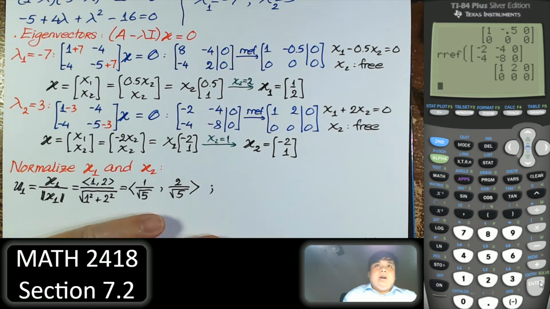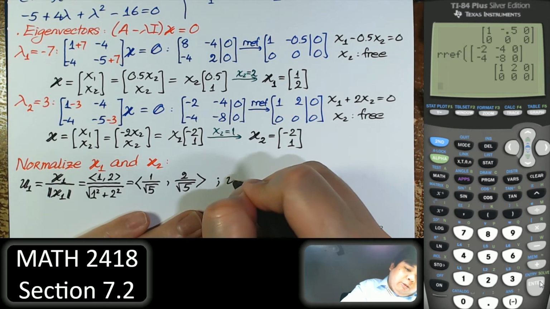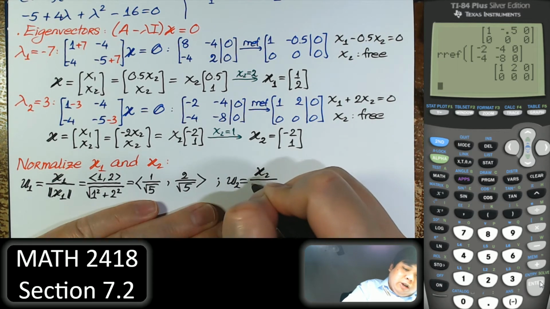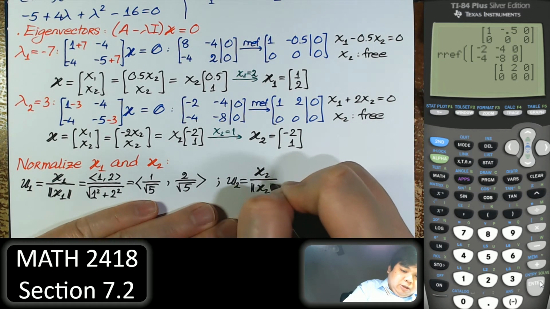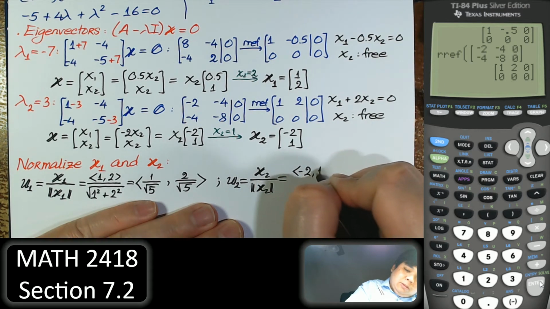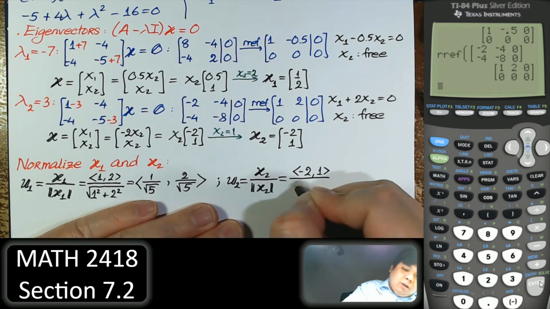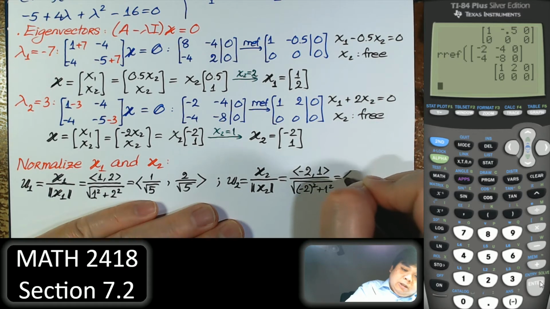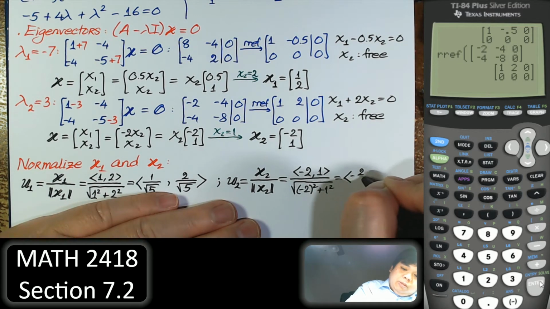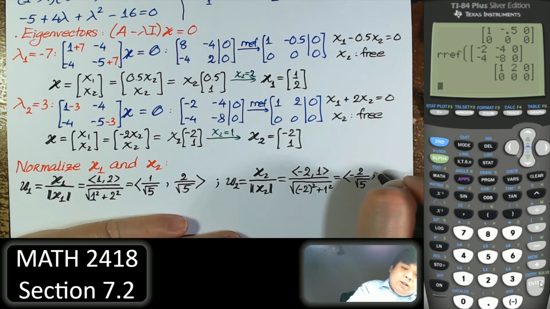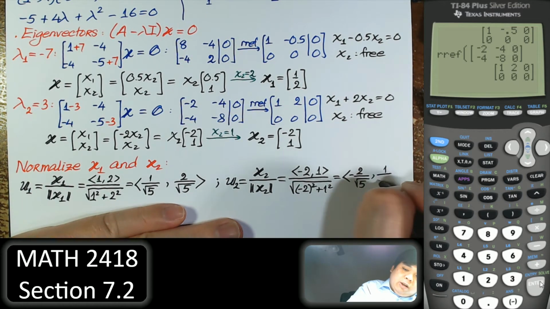So that is u1. u2 we do the same way: x2 over the norm of x2, the square root of negative 2 squared plus 1 squared. So negative 2 over square root of 5 and 1 over square root of 5.